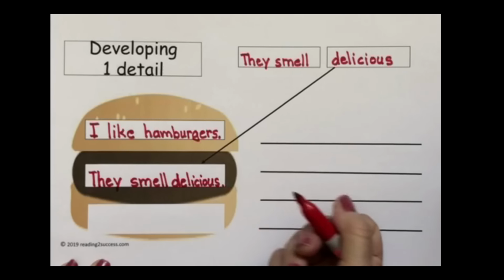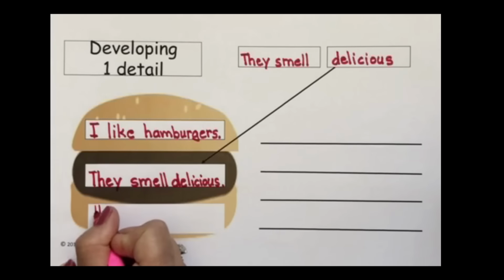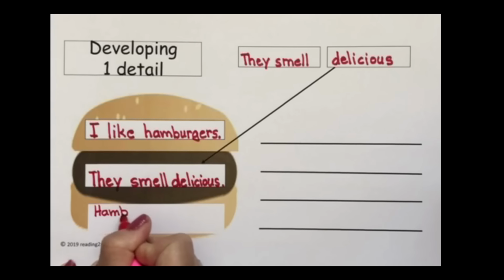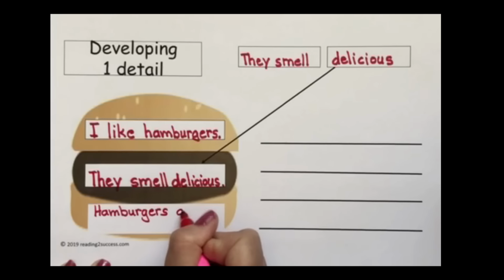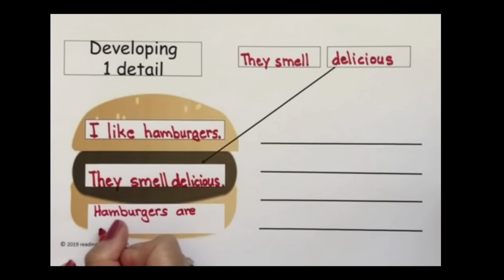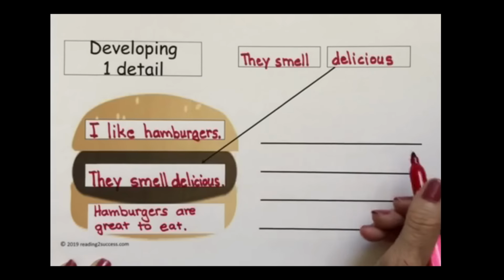And the period. Then we have our last closing sentence that is similar to our beginning sentence, and that will be hamburgers are great to eat. Period.